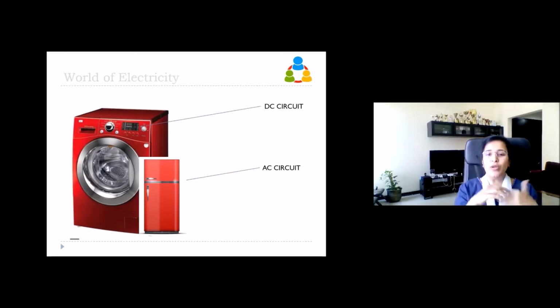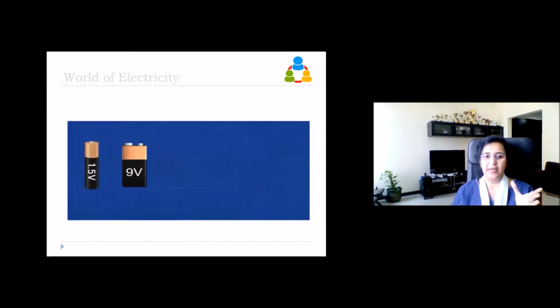What I'm trying to say is, in our home equipment we use both DC and AC current. What comes from the electricity board to our home is always alternating current. But you have batteries at home, right?